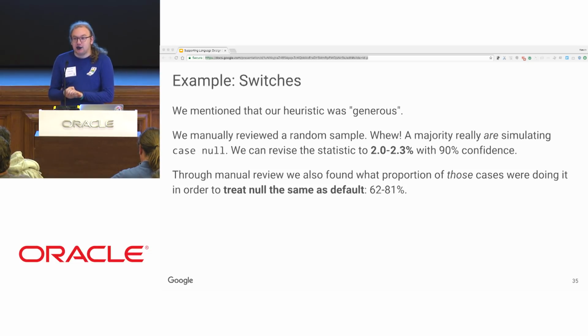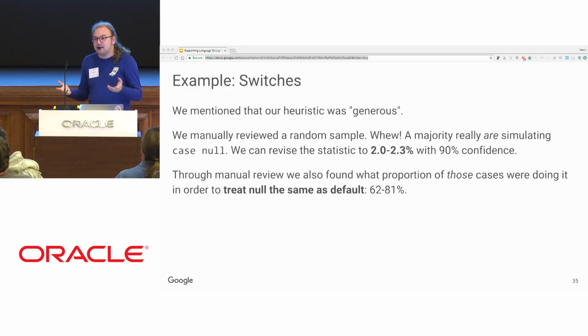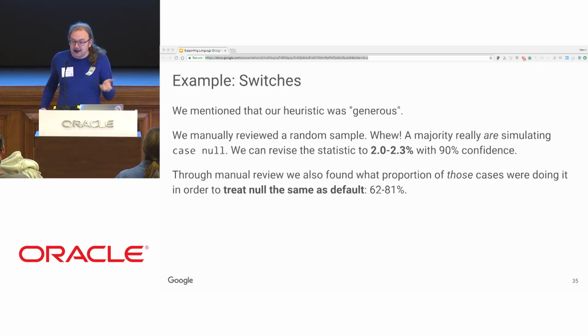We can do that because we have the exact places in the code base. We can take a random sample and make some inferences about how many people are actually simulating case null. Kevin did that grunt work of looking at all of those. And so we came to the conclusion that about 2 to 2.3% of switches are trying to simulate case null.